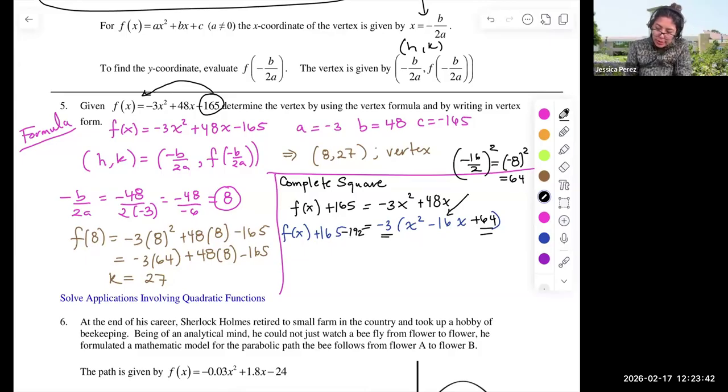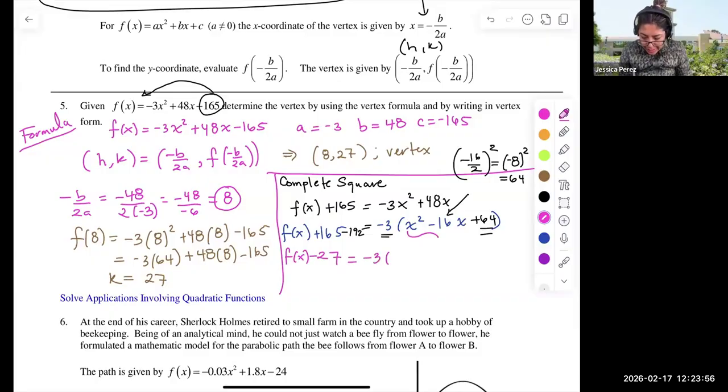Whatever you do to one side, you do to the other. So on this side, now you have f of x, 192 and 165. So it's 165 minus 192 on one side. I get minus 27 is equal to negative 3. All this condenses as x minus 8 quantity squared. Remember, it's your b over 2 squared. I'm almost done. Now I'm going to bring the 27 to the other side.